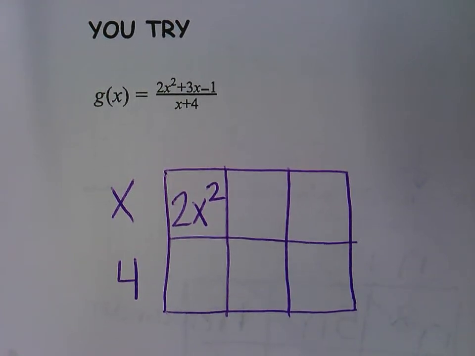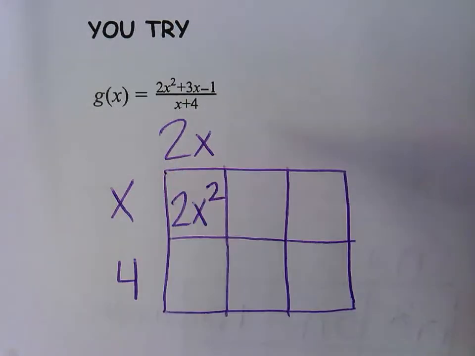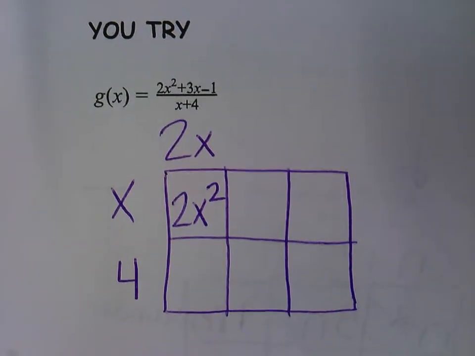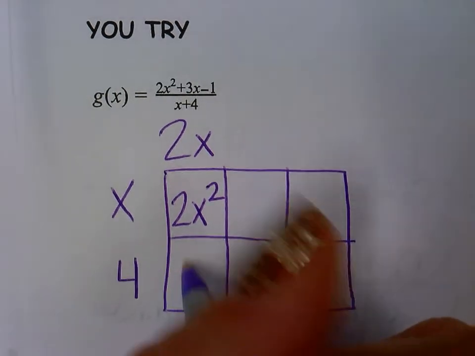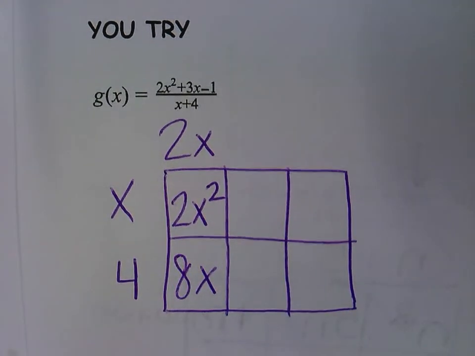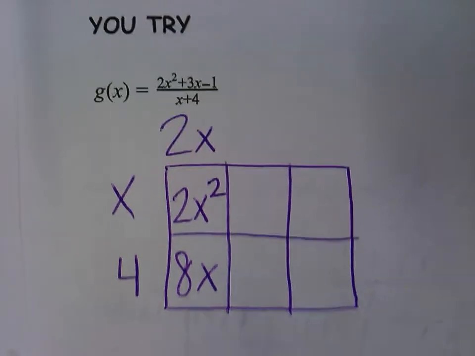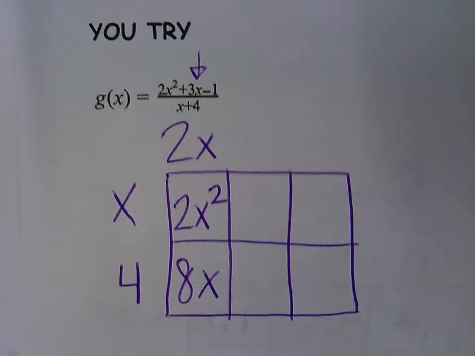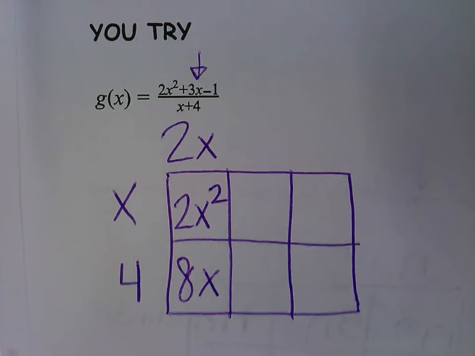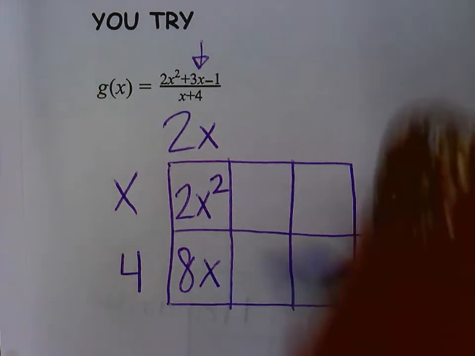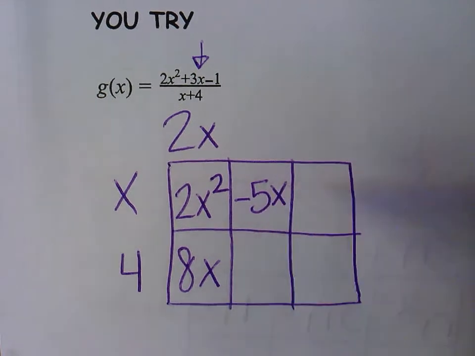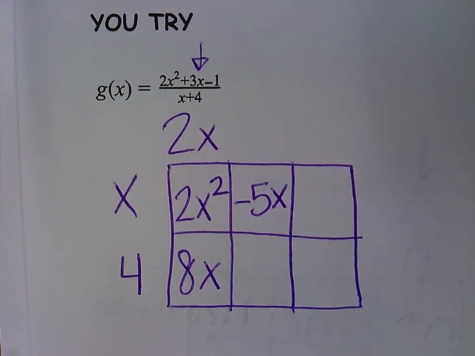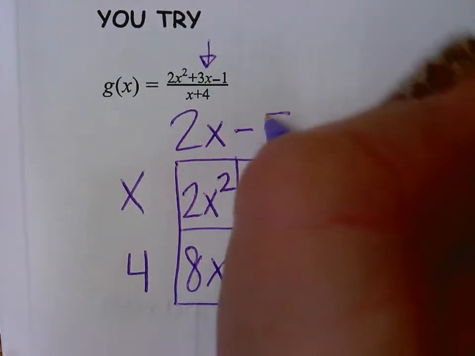2x, right. So what goes in the bottom? I have to do 2x times 4. So that is 8x. Yep, and then I have to do what to get to the 3x in my dividend? On that 8x, I would have to subtract 5 x's. So across the top, my next number is minus 5.